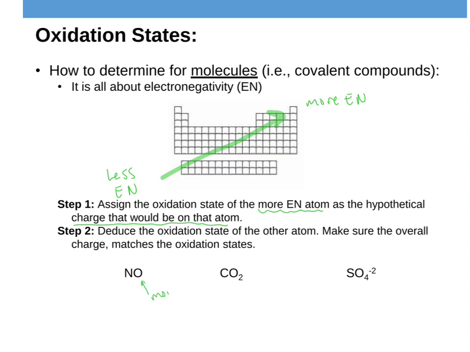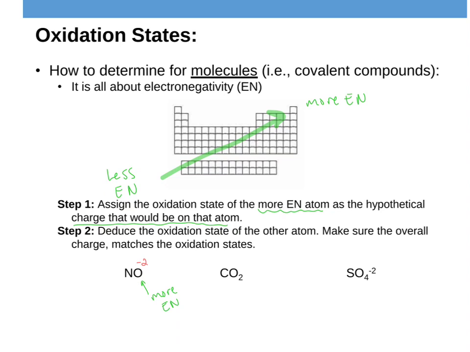Oxygen is more electronegative, so I'm going to assign it the charge it should have if it was ionic. It's not ionic, but the charge that it would have. Oxides are -2s, so I'm going to assign oxygen as a -2 here. It's the more electronegative thing, so it's going to get the electrons it wants.